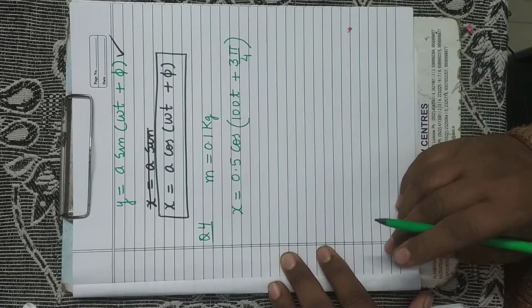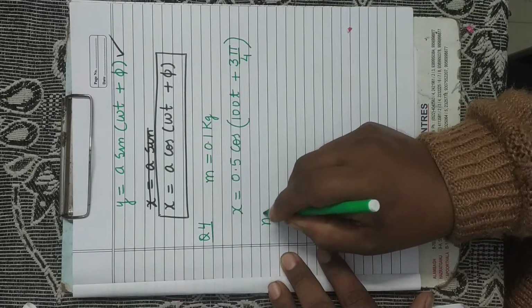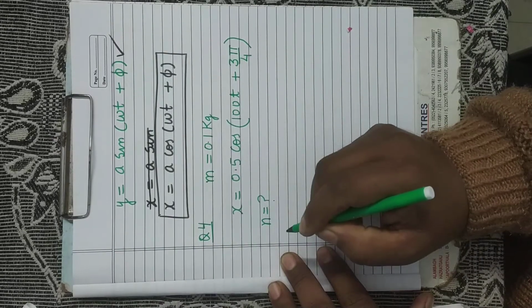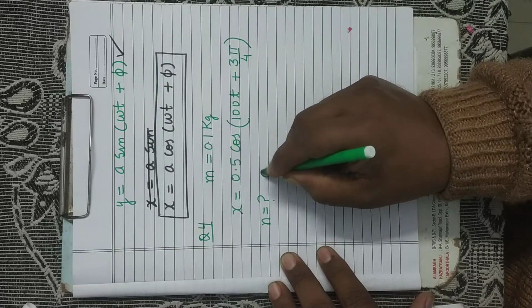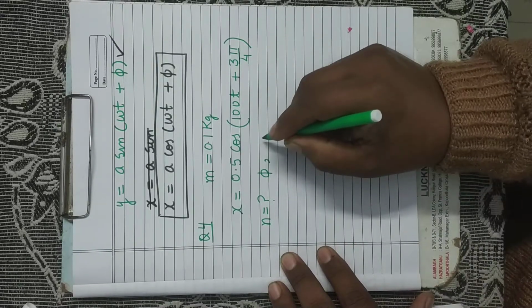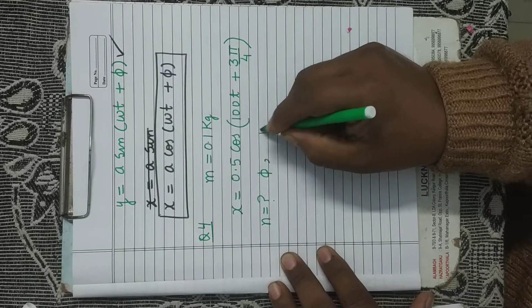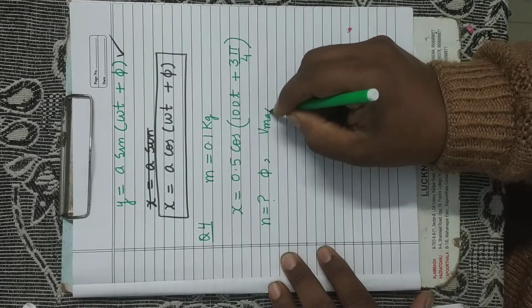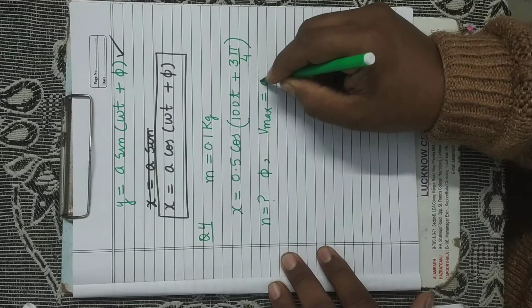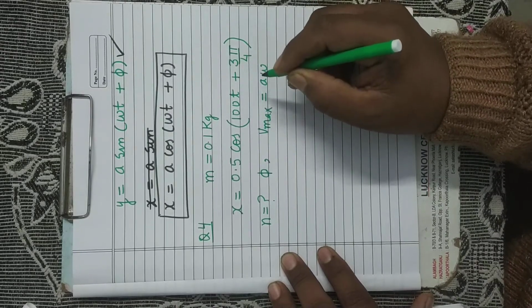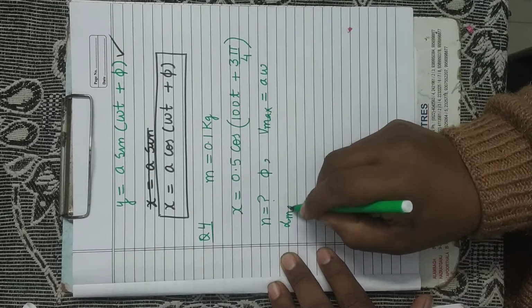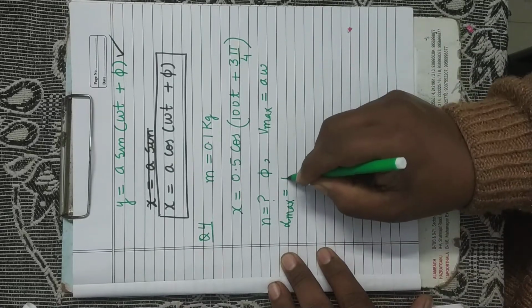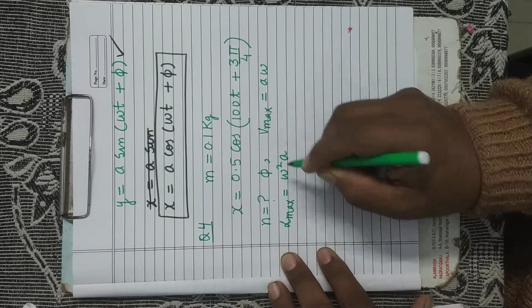Find the frequency of oscillation, meaning you have to determine the value of n. Then the initial phase, phi. Then the maximum velocity. What is the formula of maximum velocity? Already I told you it is equal to a omega. Maximum acceleration, alpha max, is omega square into a.